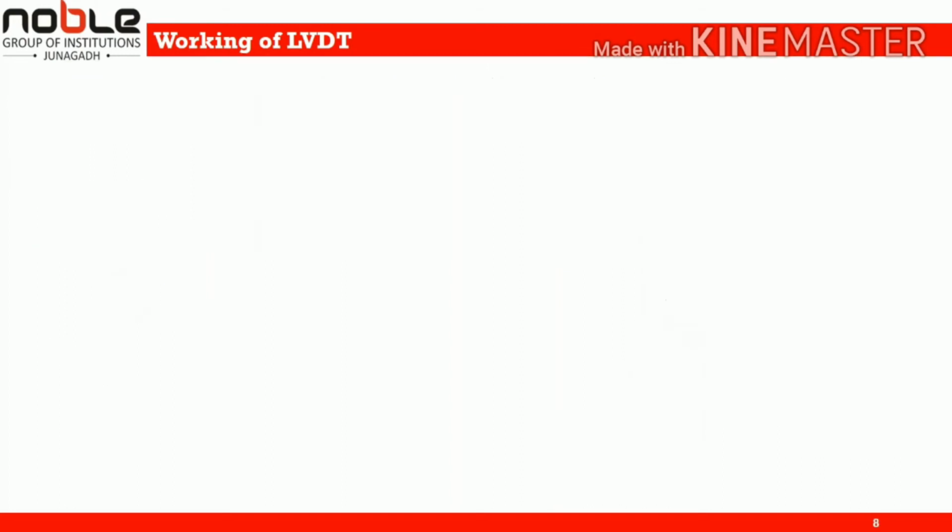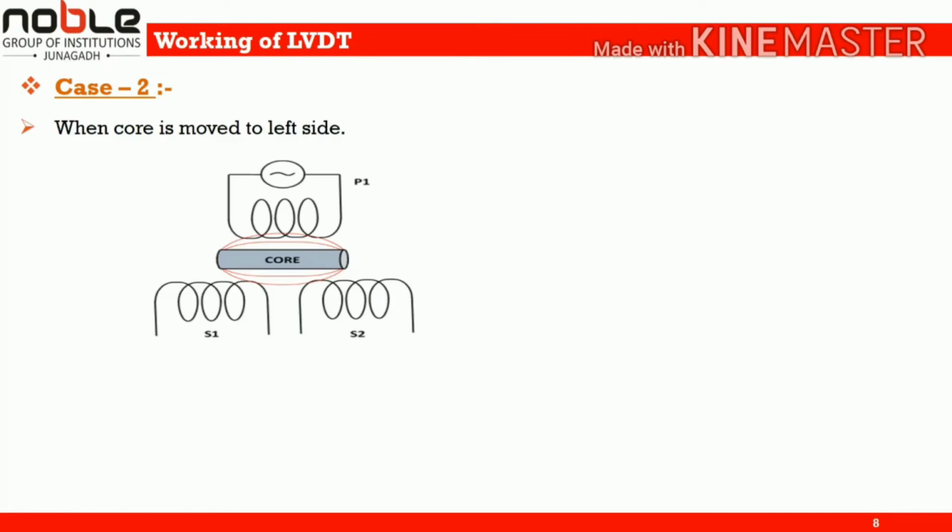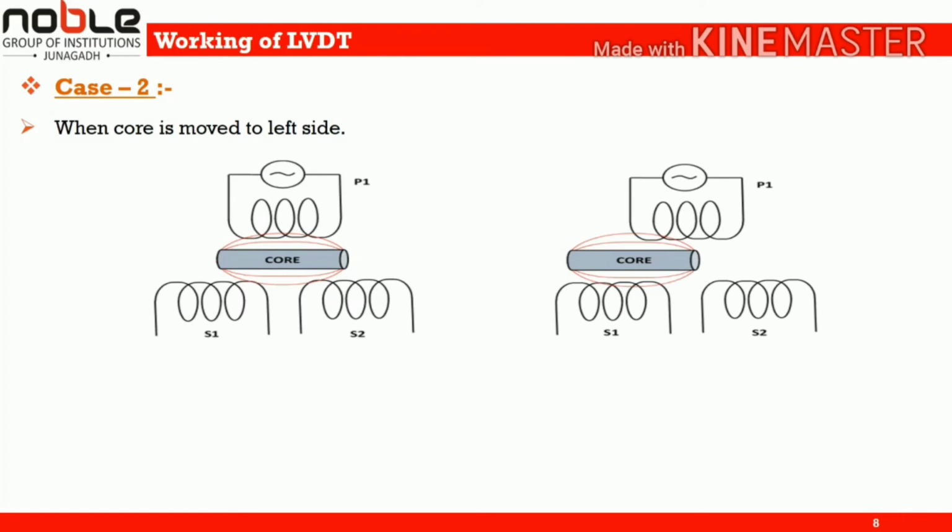Now case number two: when the core is moved to the left side. Starting with the core in the middle between the two secondary windings, the core is now moved to the left side. The flux linked with secondary winding 1, that means S1, is higher compared to secondary winding 2. So the voltage induced in secondary winding 1 will be higher than in S2.